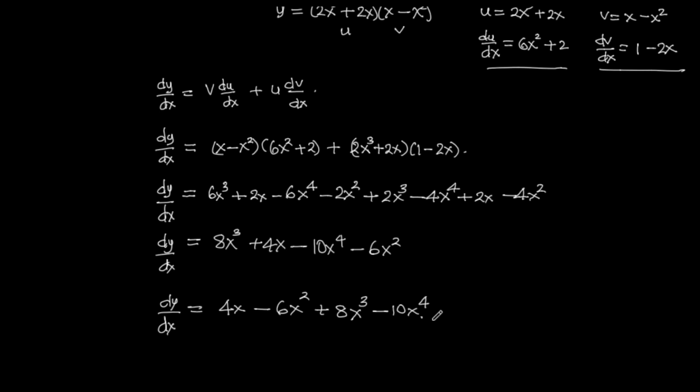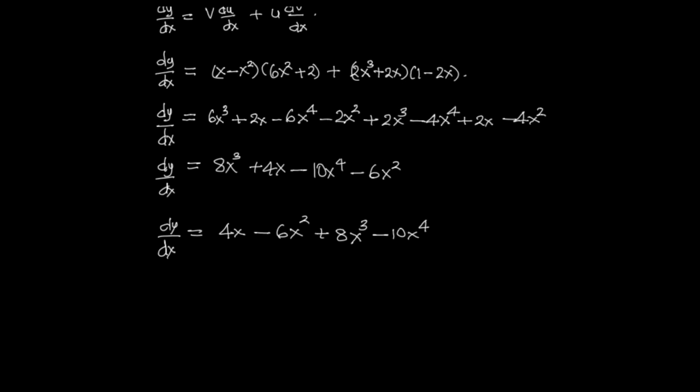And again we can go ahead and simplify by taking out a common term from each of them. You can see x is common in all these terms, and 2 is also common, so we can factorize out 2x. Finally, this implies that dy by dx equals 2x, and we create a bracket.